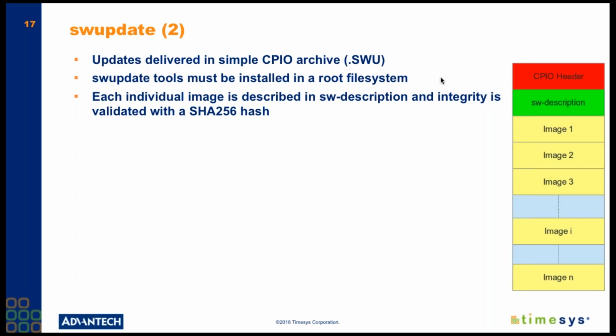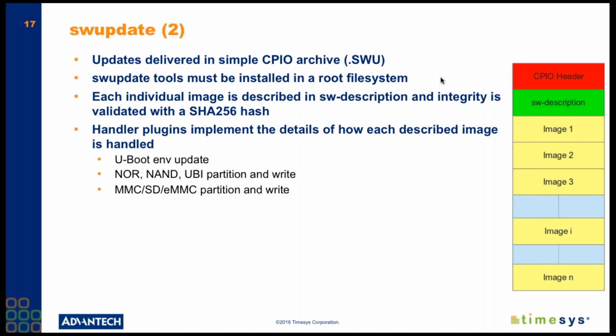You can see on the right-hand side that there is something in green called SW description. I'll talk about this more. And images. Each image has its own SHA-256 which is referenced directly in SW description. So SW description in a unique way identifies what images are in this container, in the .swu file.